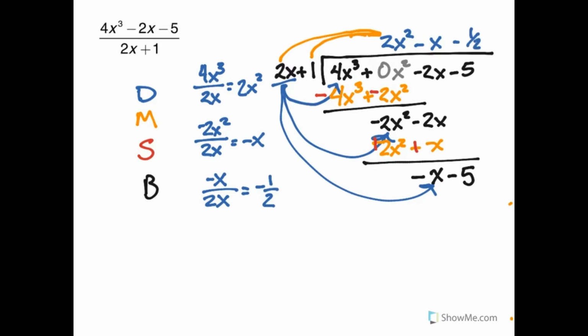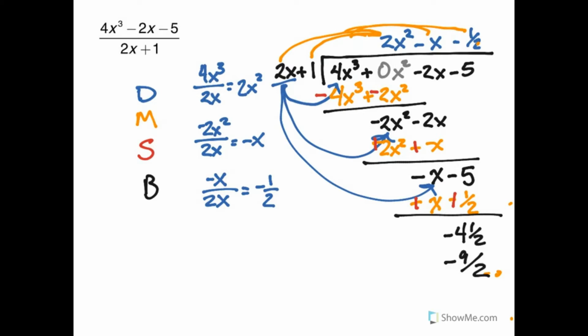Negative 1/2 times 2x is negative x, and negative 1/2 times 1 is negative 1/2. Change the signs and add, and now negative 5 plus 1/2 is negative 4.5, or negative 9/2.